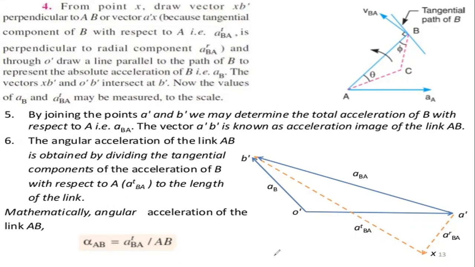Therefore, mathematically, the angular acceleration of the link AB, alpha of AB, is taken as the tangential acceleration of B with respect to A divided by the length of the link AB.